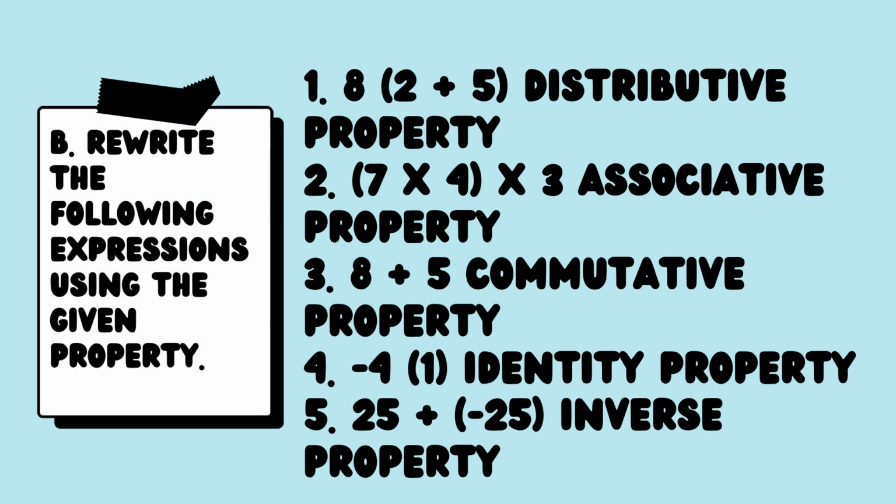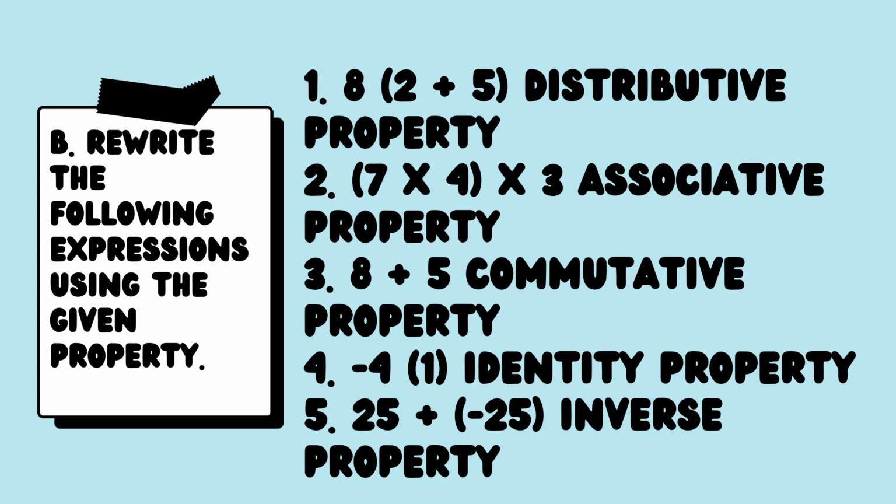Rewrite the following expression using the given property. This will be the next one. You rewrite this one using the distributive property. I hope you can still remember what it looks like, distributive property.